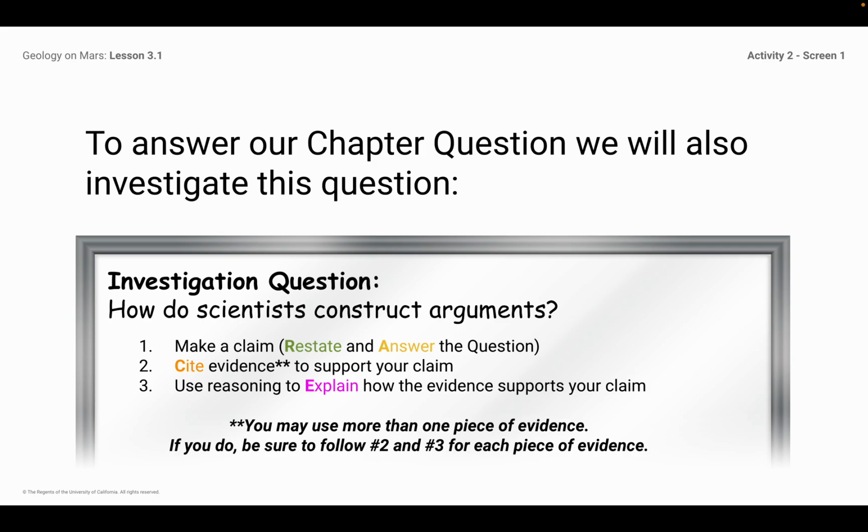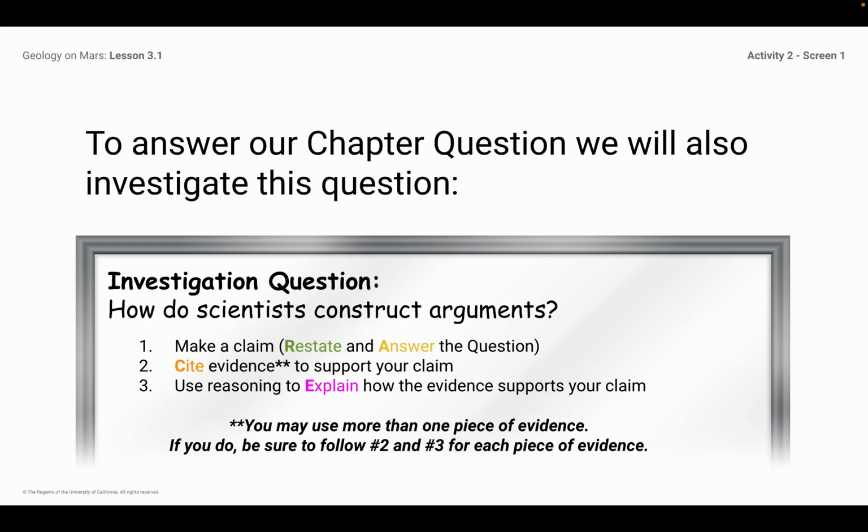And making a claim is just restating and answering the question. If you remember on your vocabulary, a claim is an answer to an investigation question. It's just an answer. And then number 2, you're going to cite your evidence. Your evidence is information about the natural world that you're going to use to justify your answer.